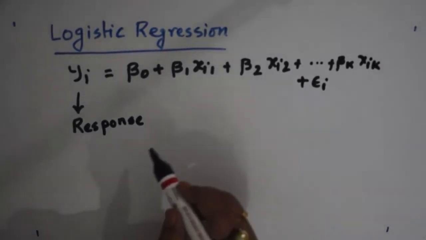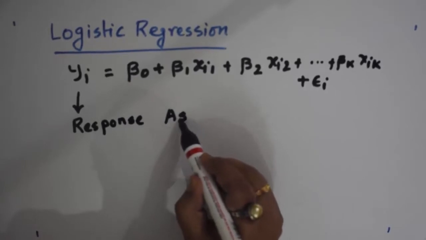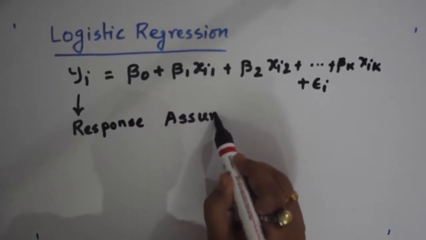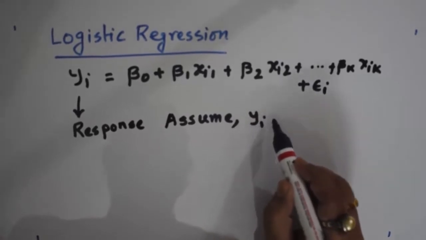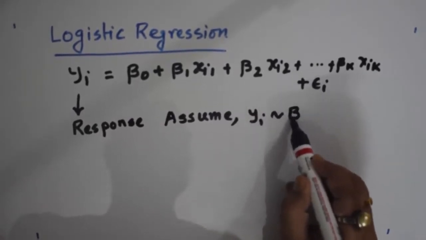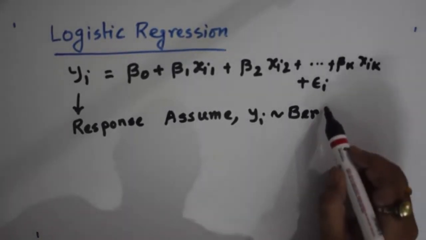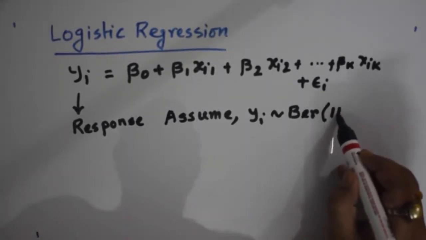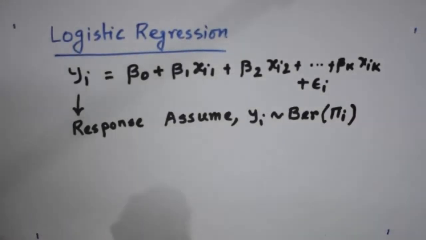Now assume yi follows a Bernoulli distribution with parameter pi i.